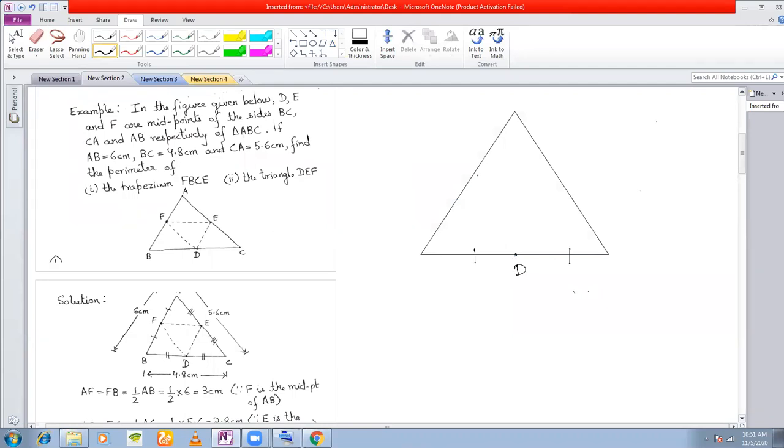E and F, and these three are joined also with the help of a dotted line.